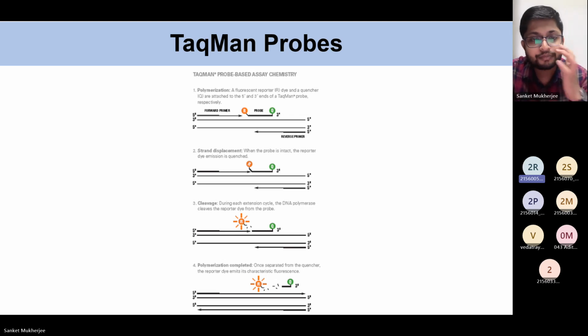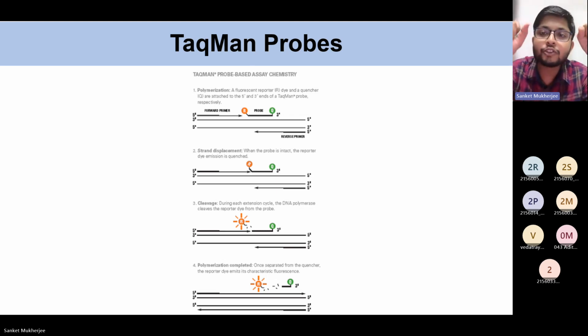The TaqMan probe has a reporter, a fluorescent molecule, and a quencher molecule. When these two are close together, there will be no fluorescence, because the quencher will not allow the fluorescent molecule R to fluoresce.